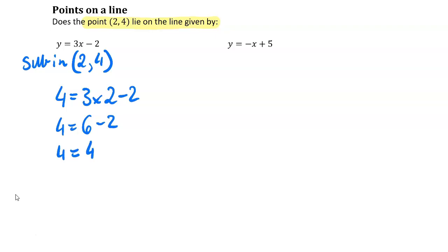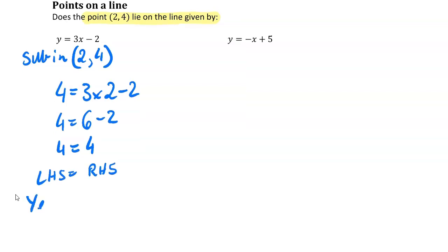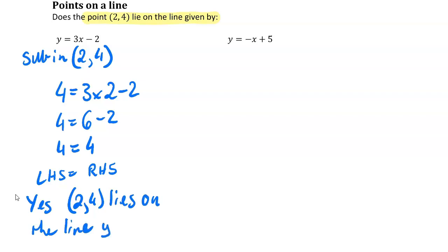So left-hand side equals right-hand side. So yes, 2, 4 lies on the line y equals 3x minus 2.